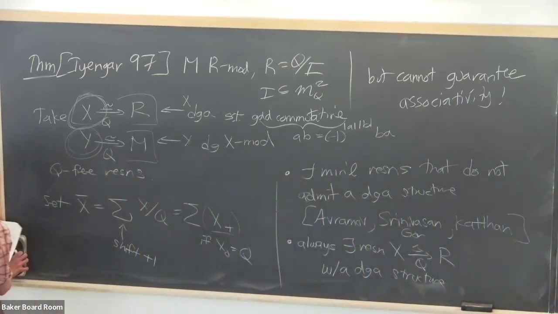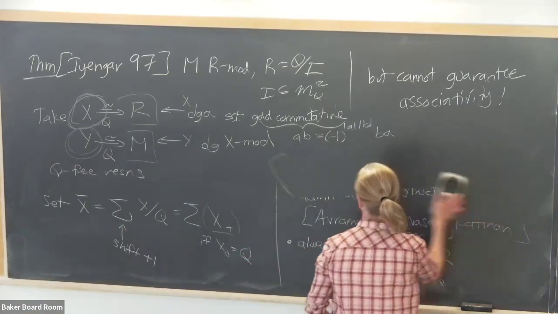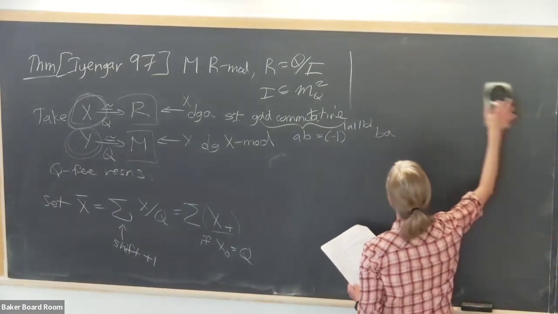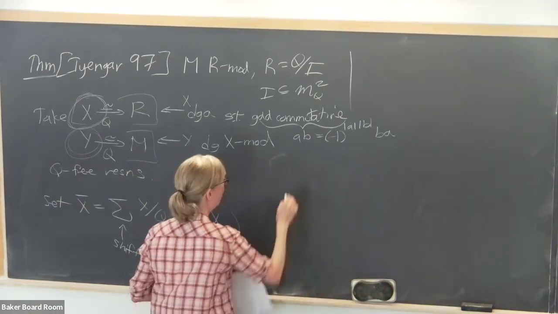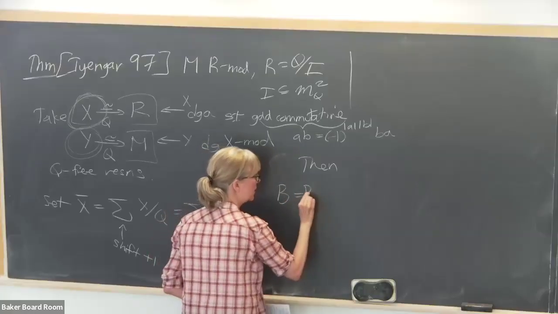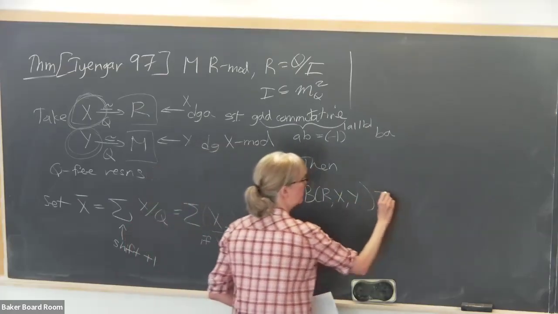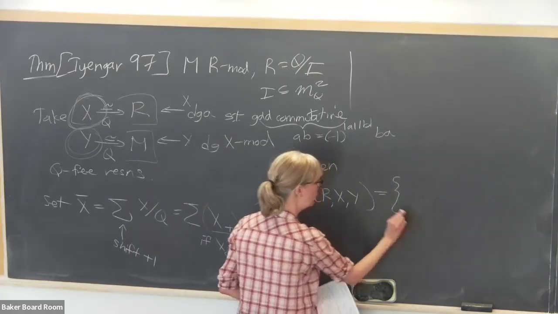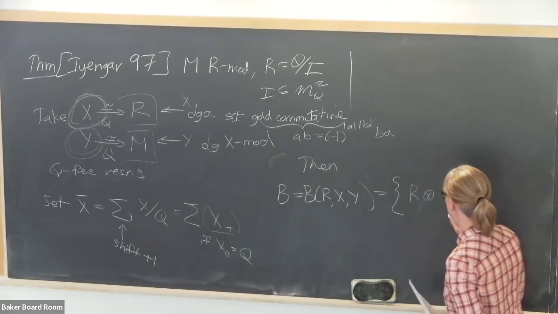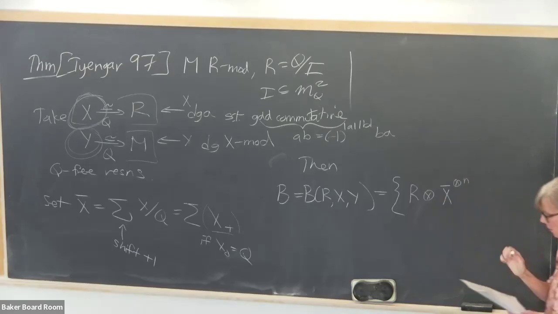Okay, so you do this, you form a bar complex, and it's a resolution. So let me write that. His result is then, I'll just call it B for now, but it's B of R, X, Y. So this is a complex whose pieces are R, tensor, and then you have a bunch of factors in the middle, X bar, tensored together n times, say.